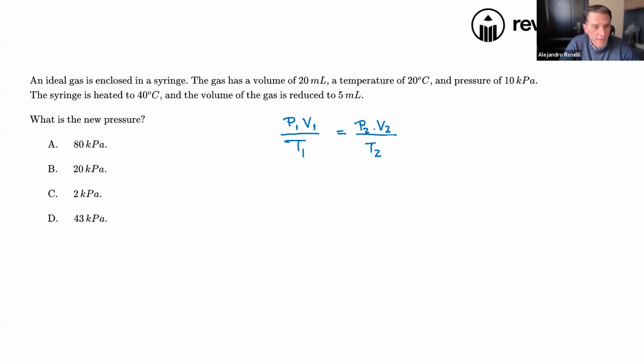P times V divided by T remains constant, so whatever value we got initially will be the same value as we got at the end. So what is the question? Question is, what is the new pressure? This is what we are trying to find.